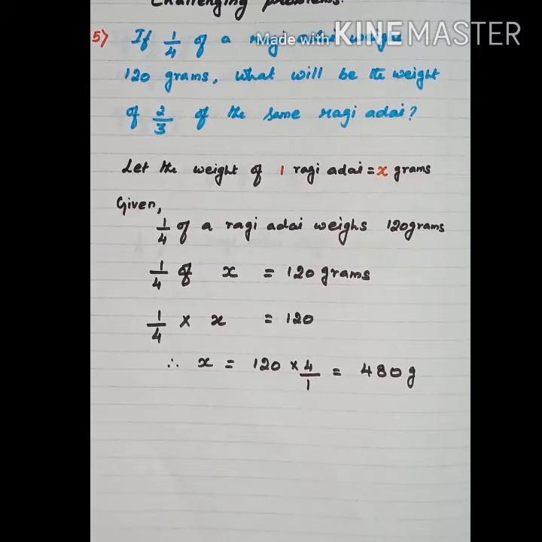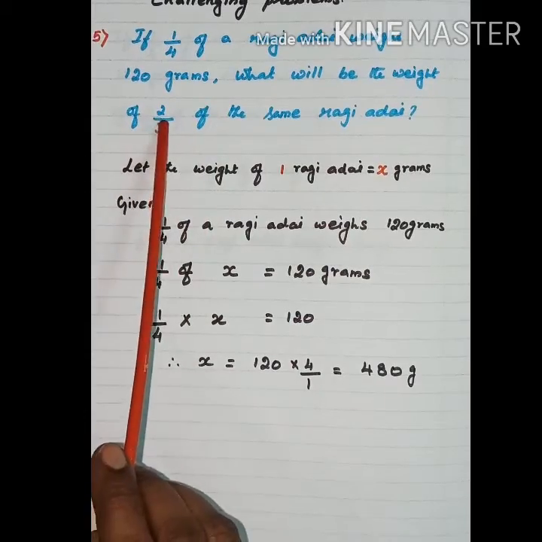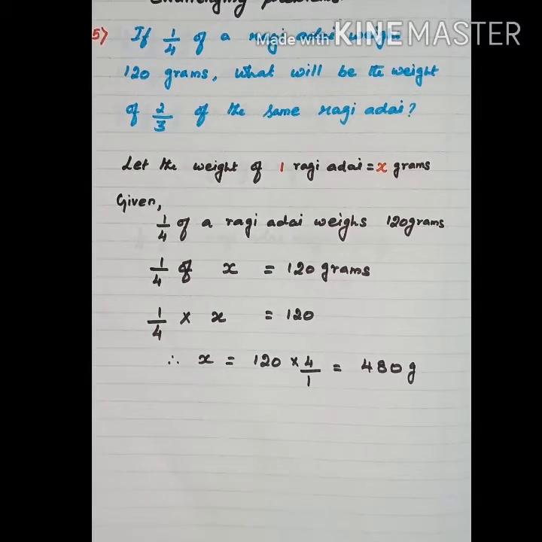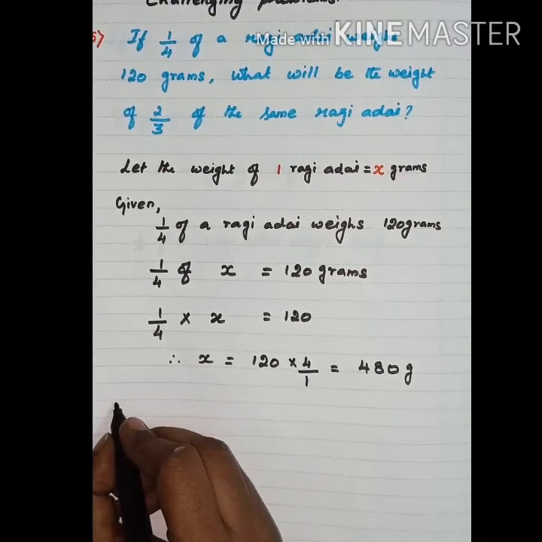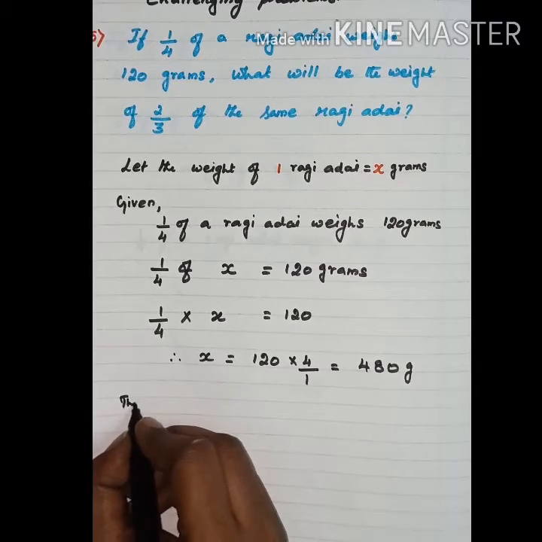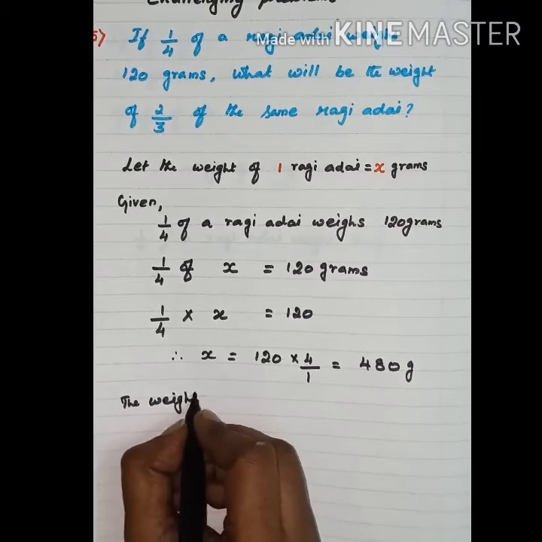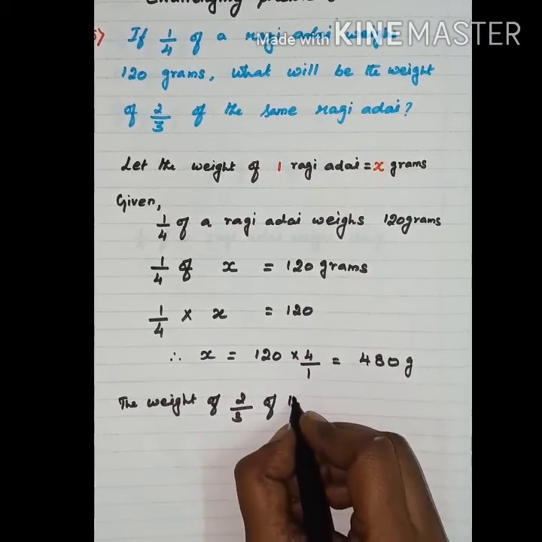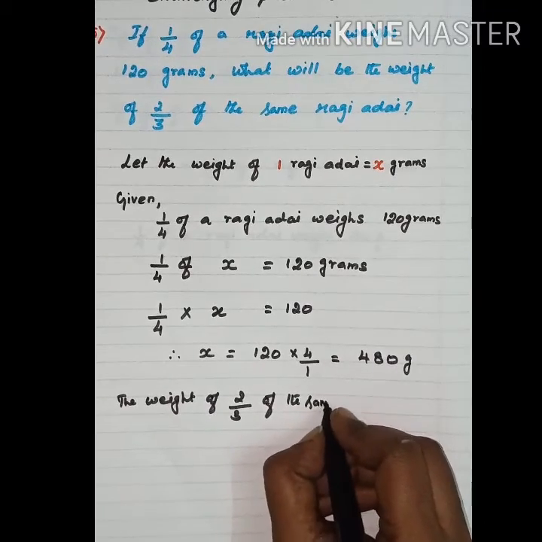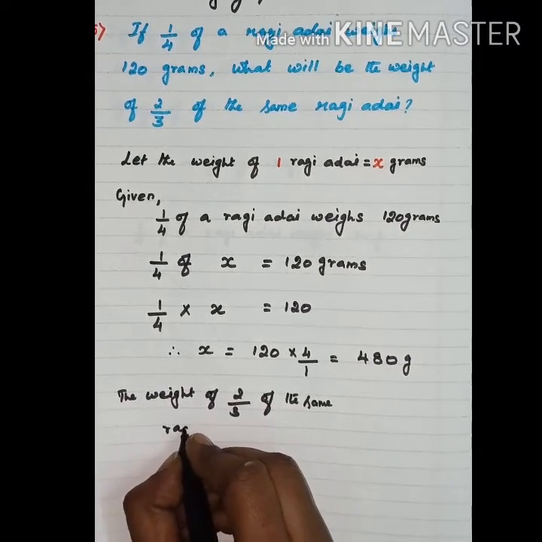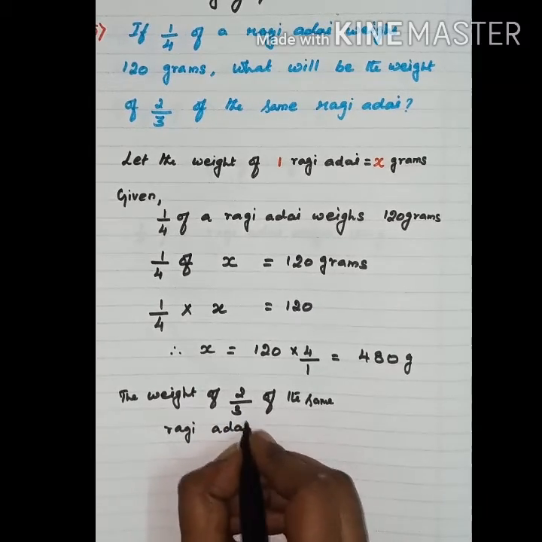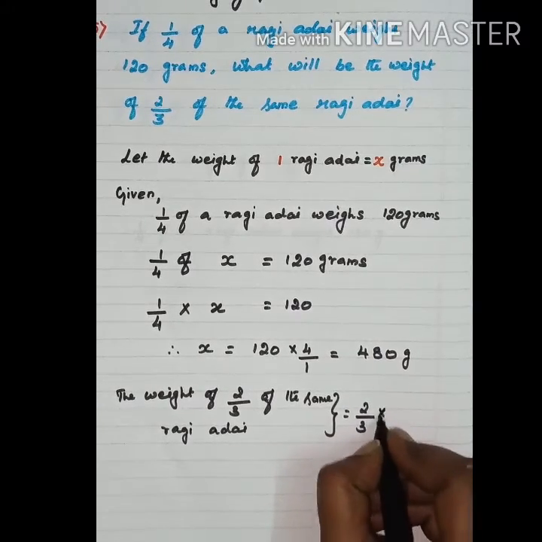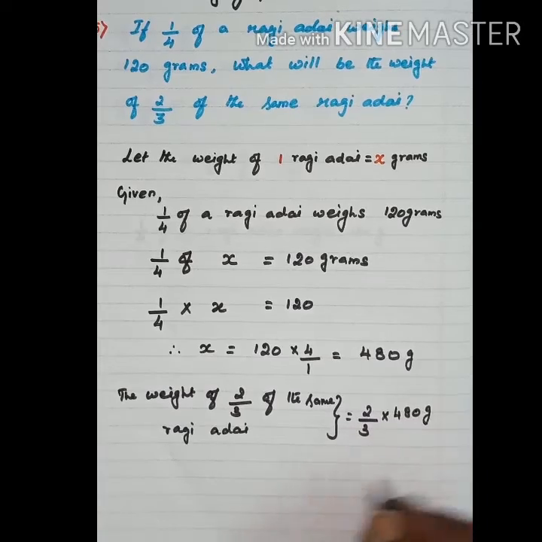We have to find the weight of 2 by 3 of the same ragi adai. Weight of 2 by 3 of the same ragi adai is equal to 2 by 3 into 480 grams.